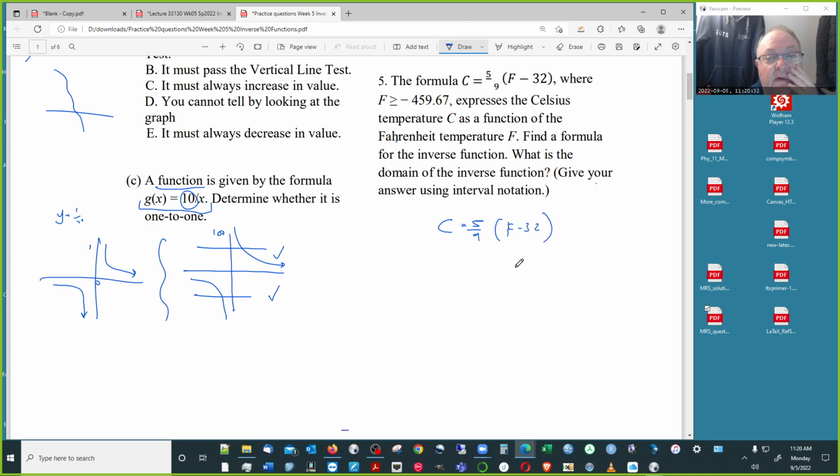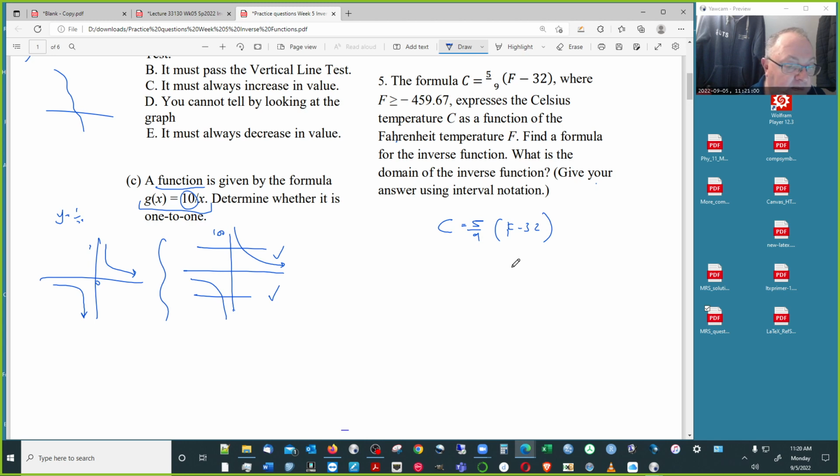Expresses Celsius as a function of Fahrenheit, so we want to go for Fahrenheit as a function of Celsius. Okay, so is there anything here I need to be aware of?